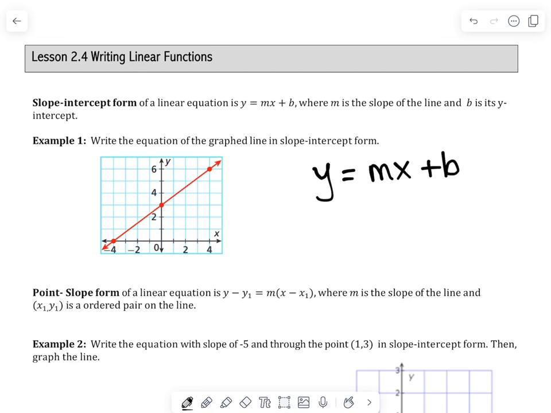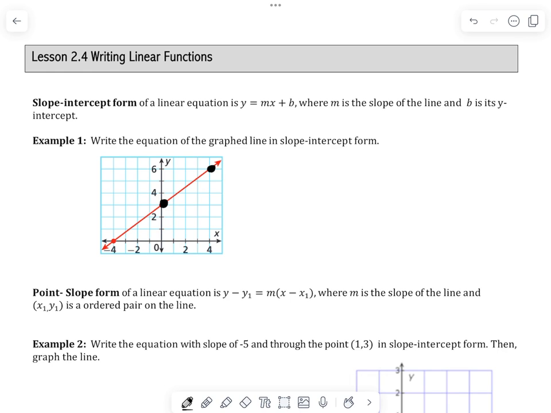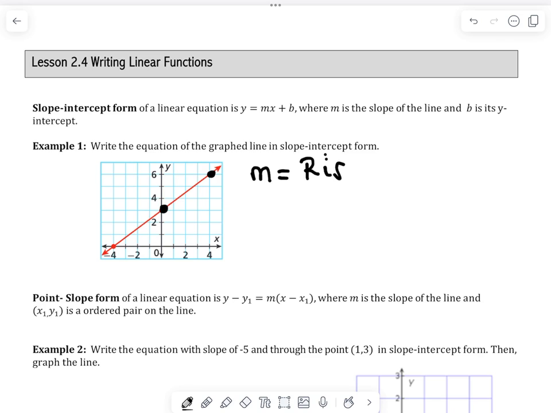So we want it to be y equals mx plus b. Let's go ahead and find the two pieces. We need to find the slope. I'm going to choose this point right here and that point right there that's been identified. And we're going to do the slope. If you remember, slope represents the rise over the run.